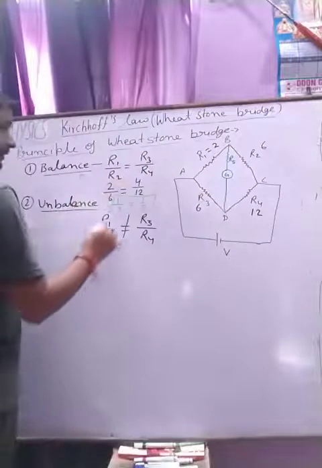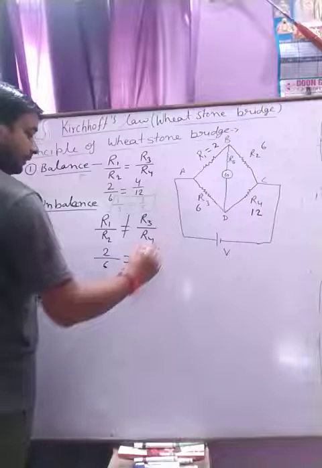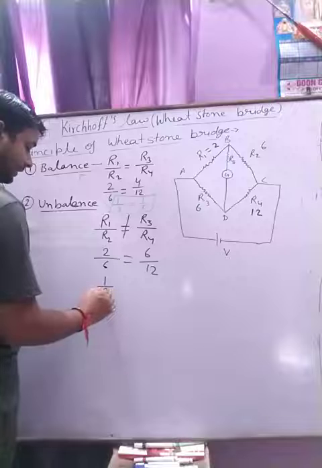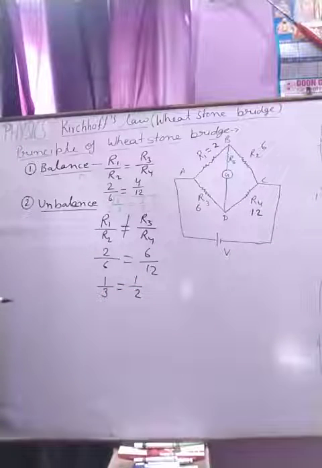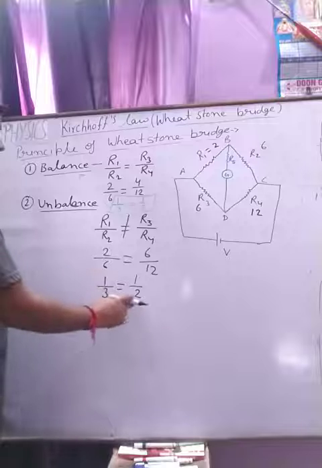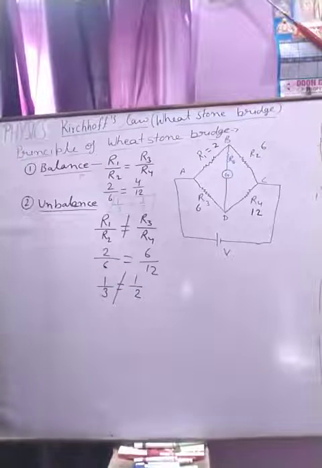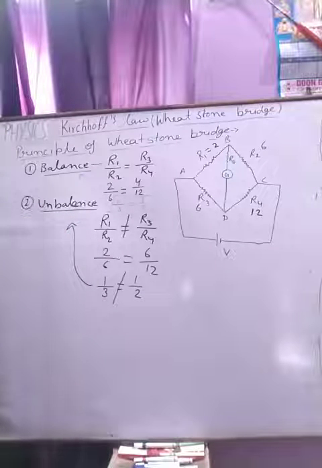So we are getting the ratio of R1 upon R2, 2 by 6, and 6 by 12. So this will become 1 by 3 is equal to 1 by 2, and you will find that 1 by 3 is not equal to 1 by 2, so it is not equal. Therefore we say that the bridge is not balanced.